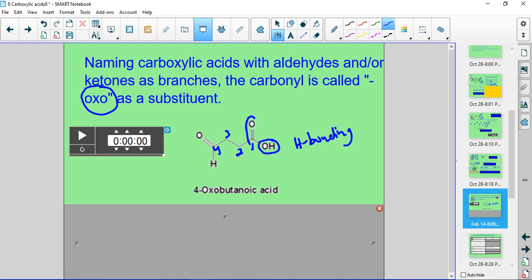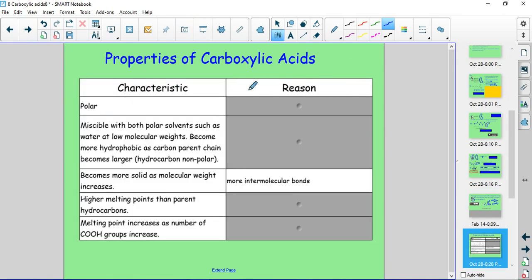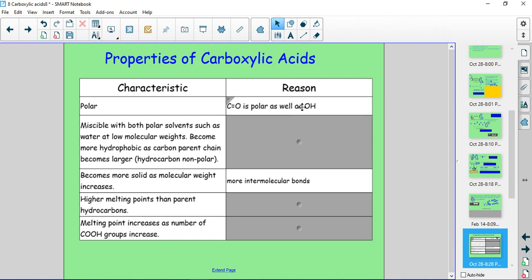And your double bond O, highly electronegative and electron dense, gives you another negative dipole, creating dipole-dipole interactions. Dipole-dipole intermolecular forces exist there. So it's a very polar functional group, which makes carboxylic acids quite polar.